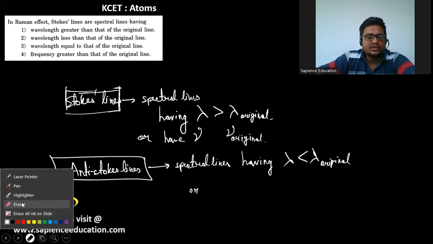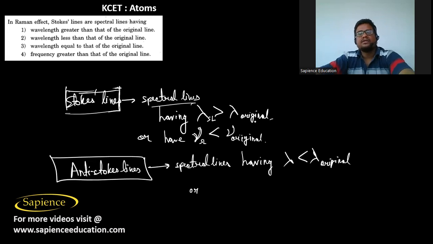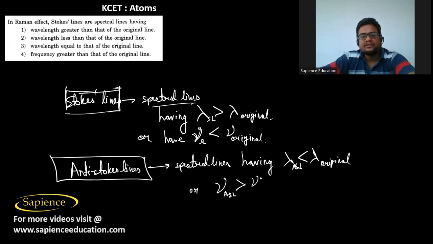In Stokes lines, the frequency of the spectral lines is less than the frequency of the original line, and the wavelength of Stokes lines is more than the wavelength of the original line. And in case of anti-Stokes lines, their wavelength is less than that of the original line, or the frequency of the anti-Stokes lines is greater than the frequency of the original line.